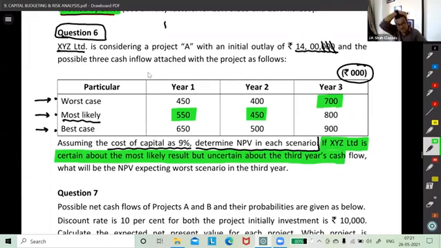Then they will follow the conservative approach. That's what the management is also telling you to do. You're not sure about the third year, so take worst. So in the first 2 years, you take the outcome of the most likely scenario, and in the third year, you take the outcome of the worst scenario.